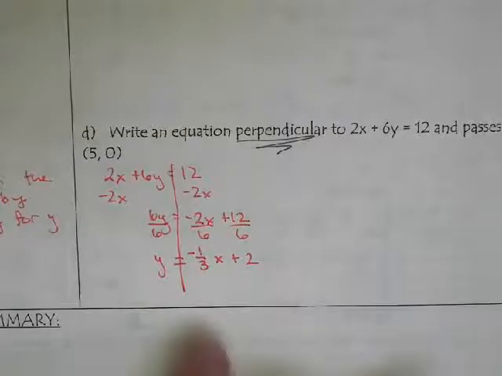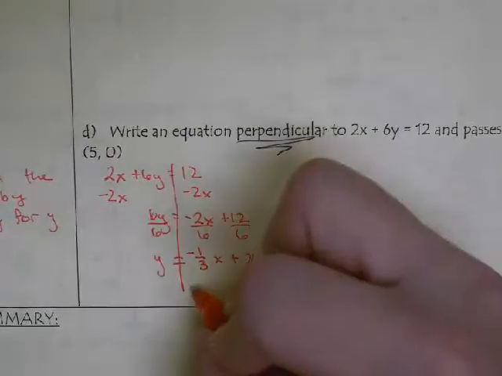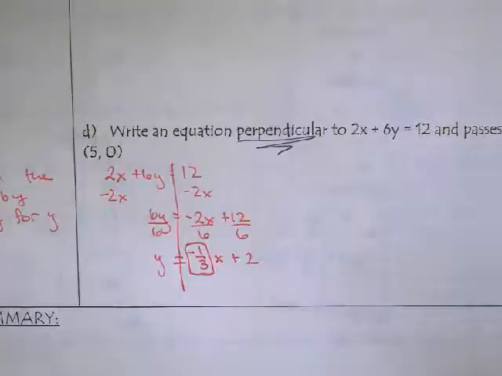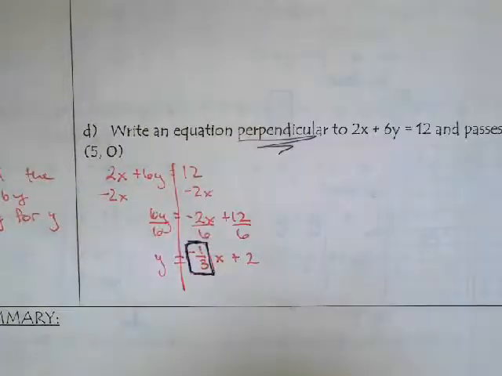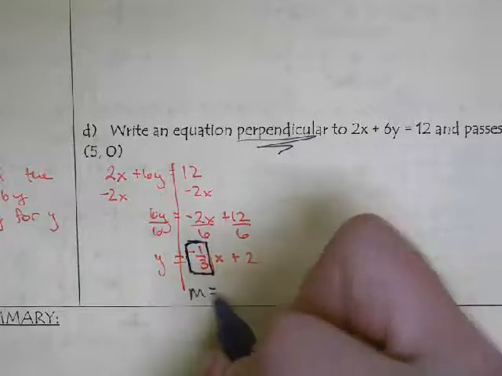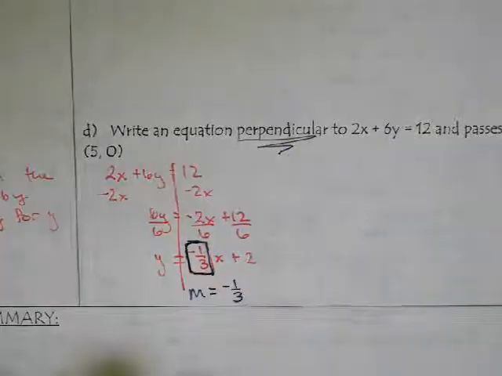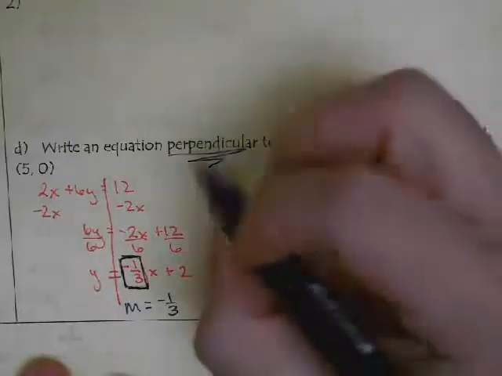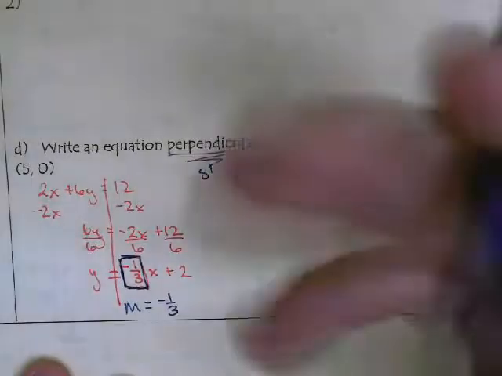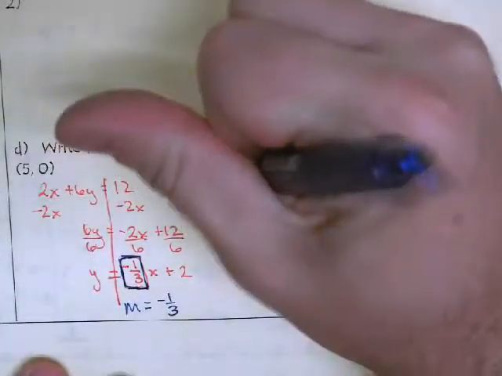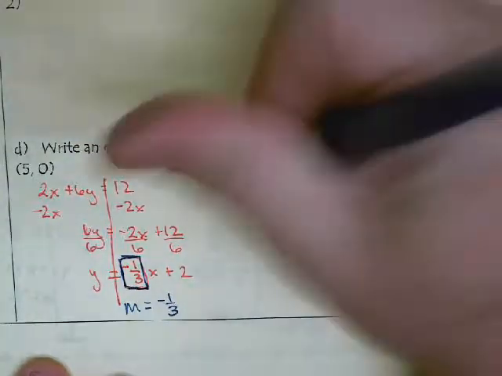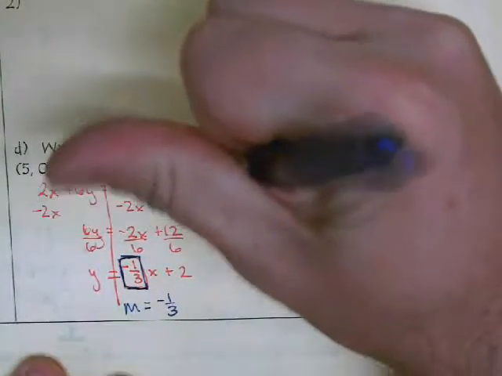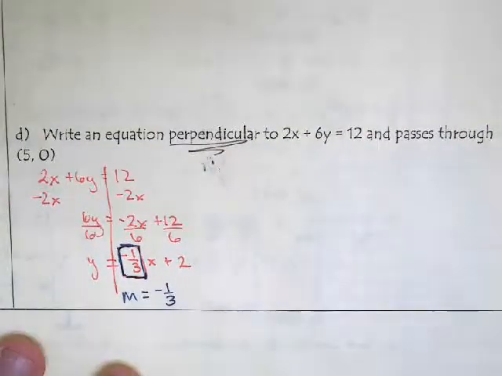So I see that my slope is m equals -1/3. So the slope of my perpendicular line, or my perpendicular slope, will be, let's write it down here.